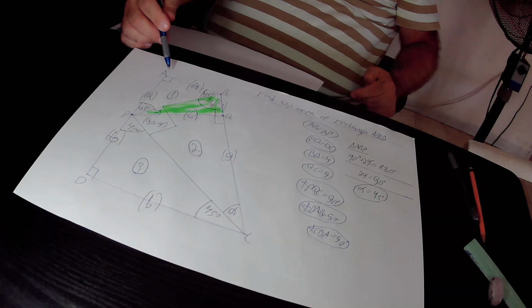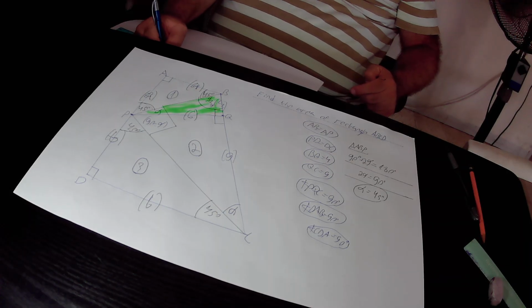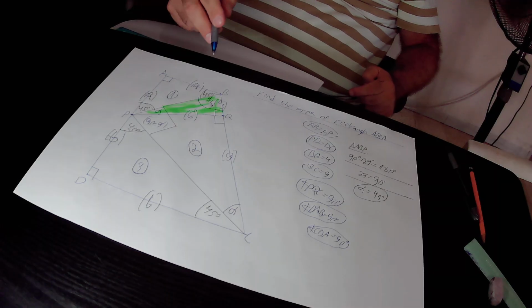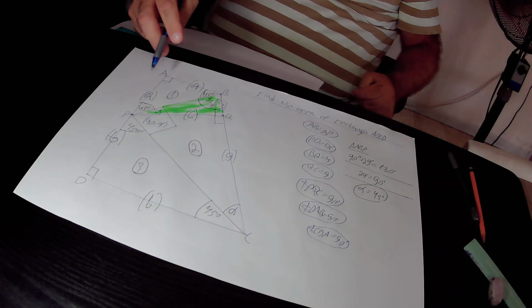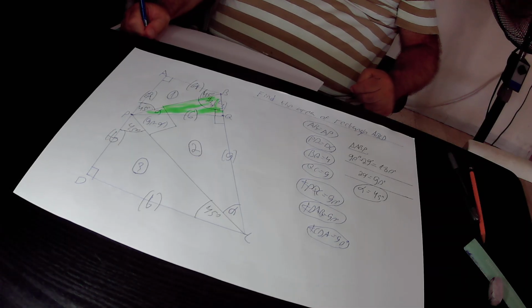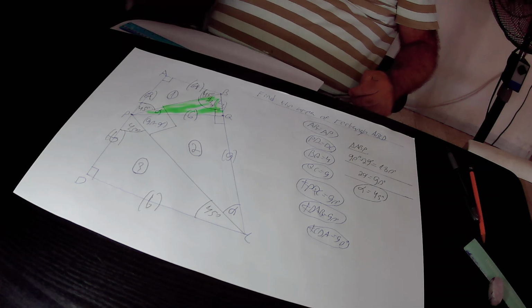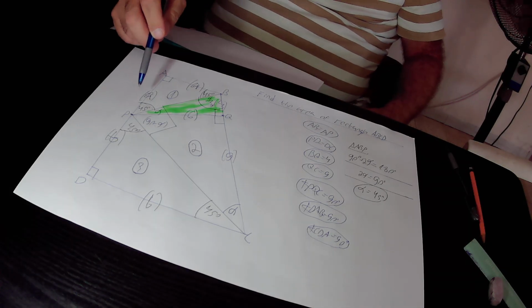Actually it is the area of the right small triangle ABP, plus the area of the second component, which is actually the area of the big right triangle PBC, plus the area of the third component. What is the area of the third component? It is actually the area of the right triangle PDC.